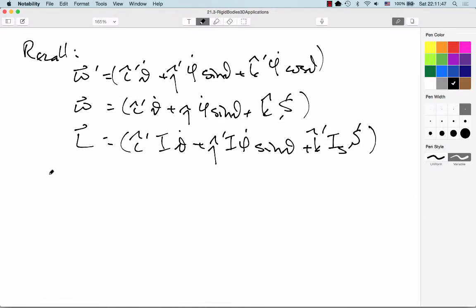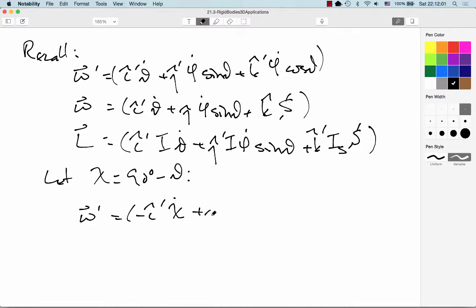So we'll do the same thing. We'll let chi equal 90 degrees minus theta. So then omega prime becomes minus i prime chi dot plus j prime phi dot cos chi plus k prime phi dot sine chi.